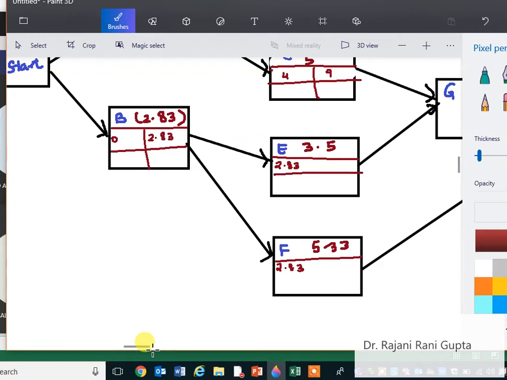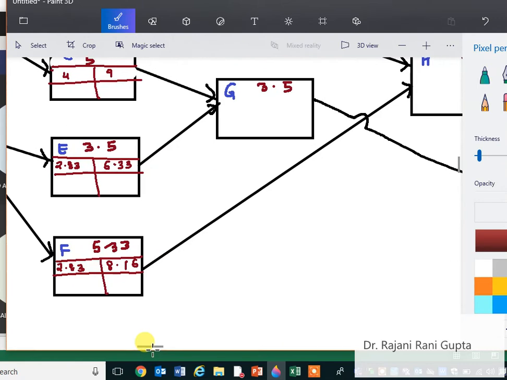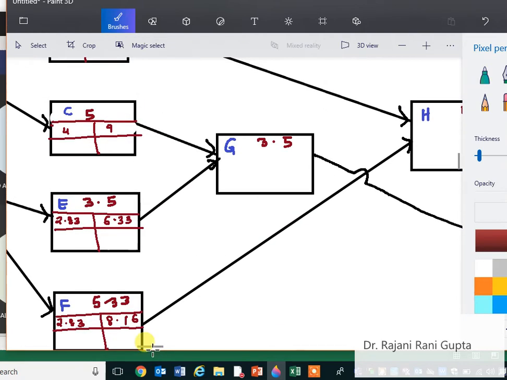Then calculate this one, 2.83 plus 3.5 gives you 6.33. Here when you calculate, 2.83 plus 5.33 gives 8.16.